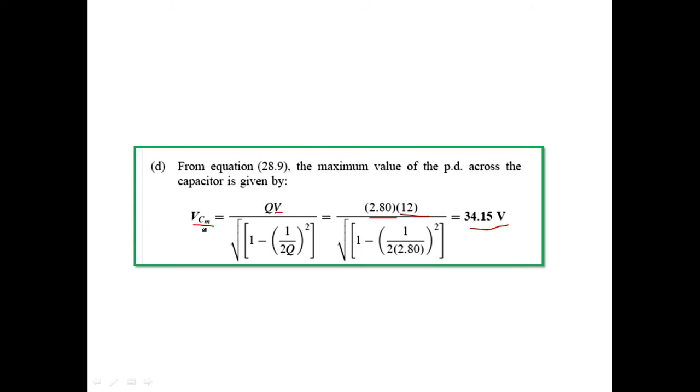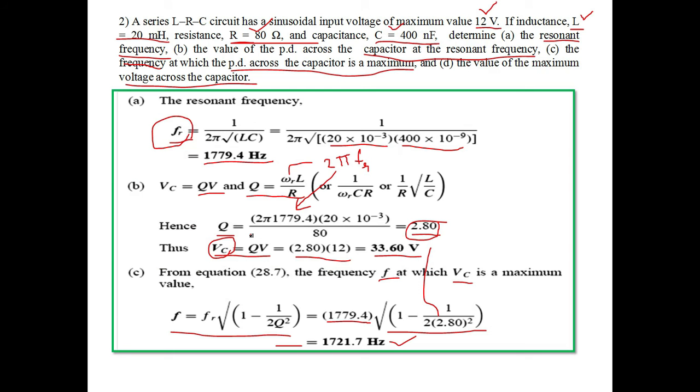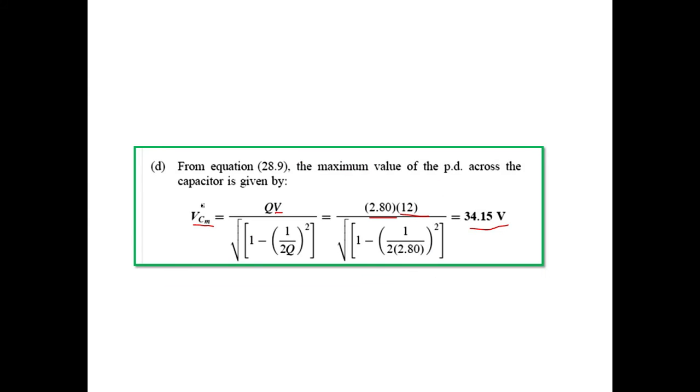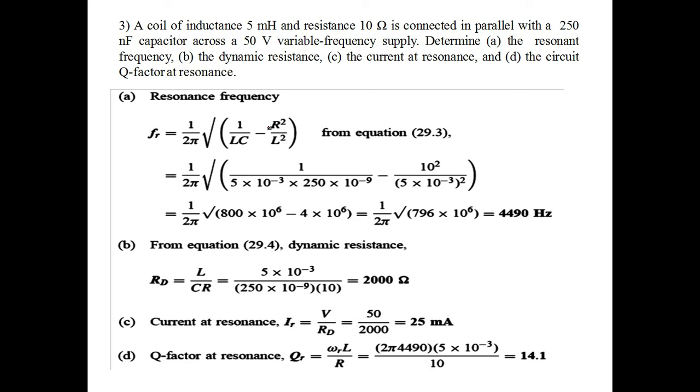So the maximum voltage drop across the capacitor is 34.15 volt. So next example.